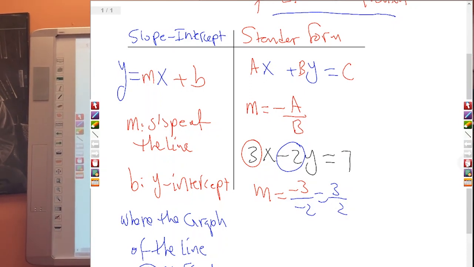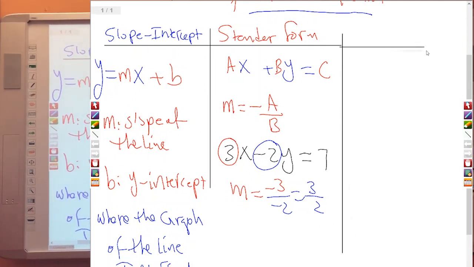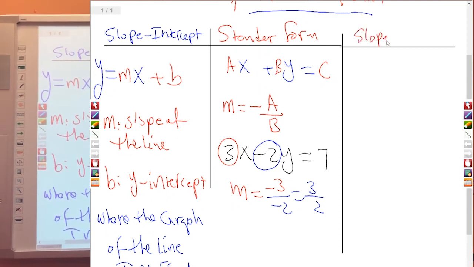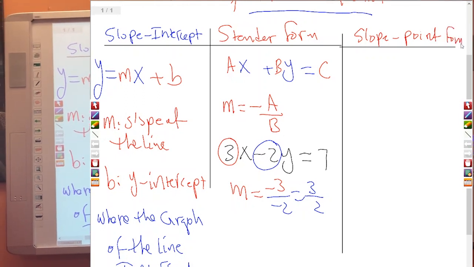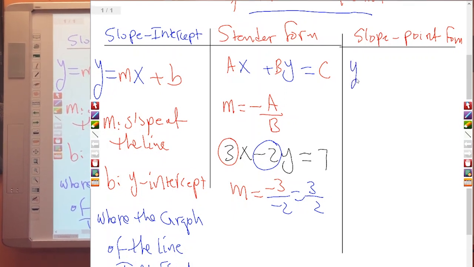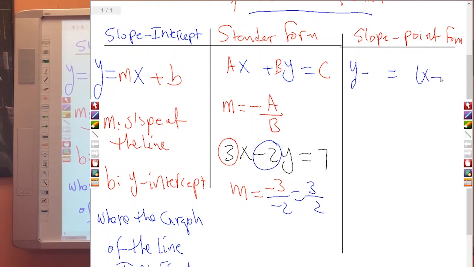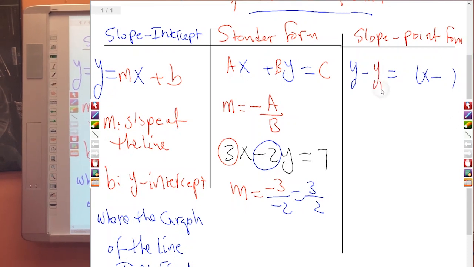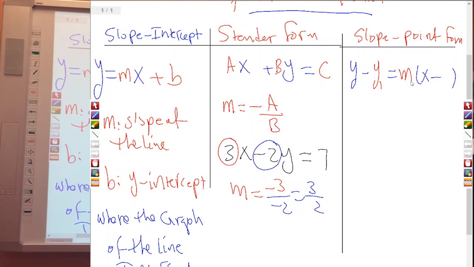Now, the last form, which is the slope-point form: y minus y1 equals m times x minus x1. We replace y1, which is given, and m is the slope, and x1.